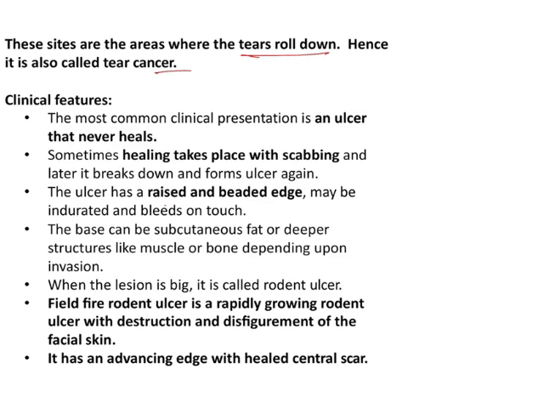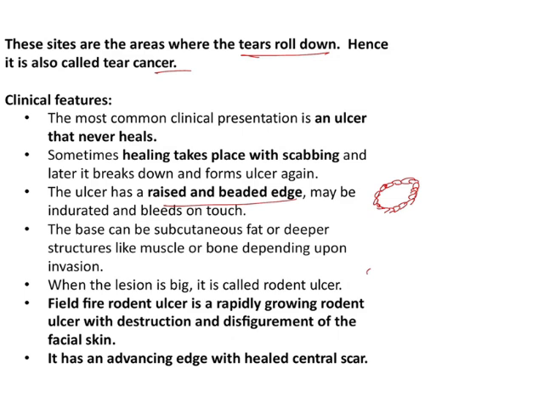So what are a few other clinical features? It's an ulcer that never heals. You will have a persistent ulcer, and the most important ulcer characteristic of this BCC would be your raised and beaded edge. Your ulcer edge will be beaded, indurated. Sometimes if there is a secondary inflammation, you will have bleeding. When the lesion is big, it's called a rodent ulcer.